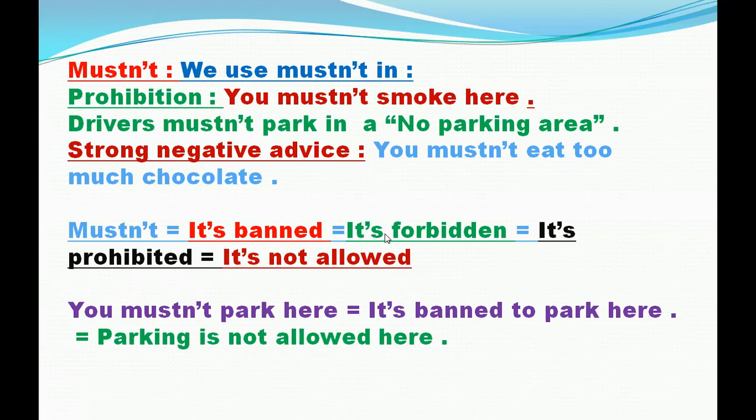For example, you mustn't eat too much chocolate. The word mustn't equals it's banned, it's forbidden, it's prohibited, it's not allowed. For example, when I say you mustn't park here, it means it's banned to park here, or you aren't allowed to park here, or parking here is not allowed.